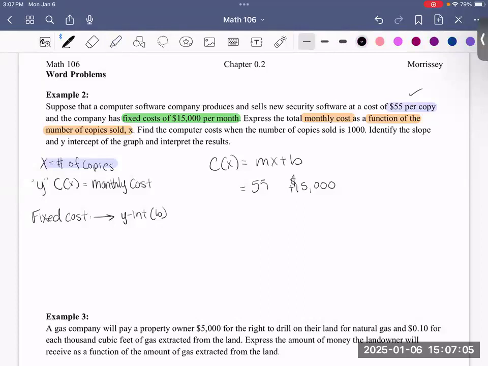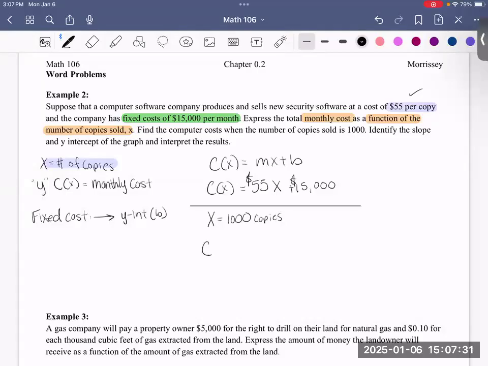So you have 55 as your slope, and then X as it changes. So our equation should say C of X is equal to 55X plus $15,000. Now, if we can evaluate, how much cost do we have when we have 1,000 copies?